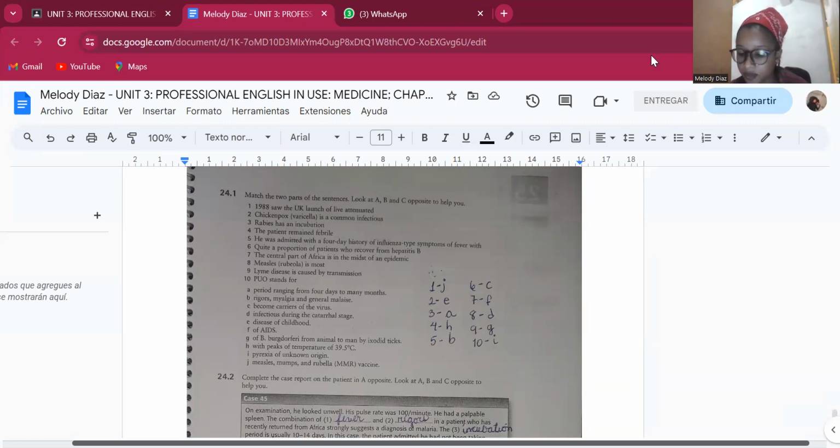Letter H, with peaks of temperature of 39.5 degrees Celsius. Letter I, pyrexia of unknown origin. Letter J, measles, mumps, and rubella MMR vaccine.